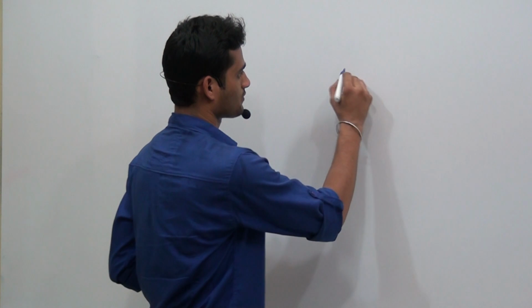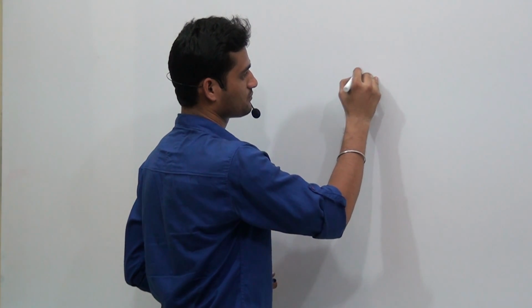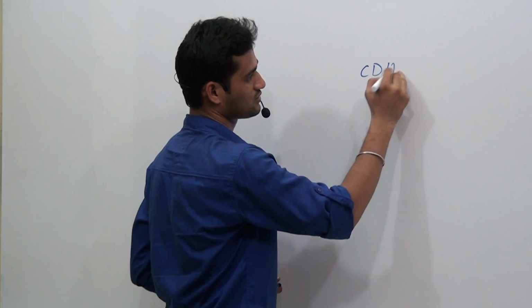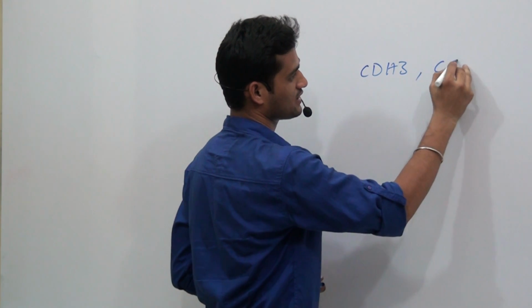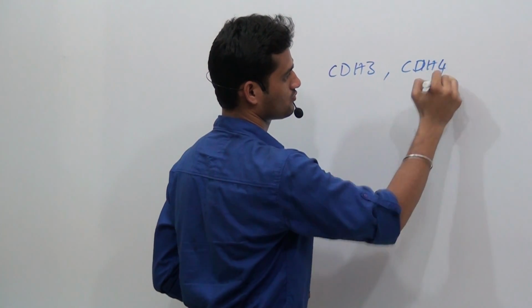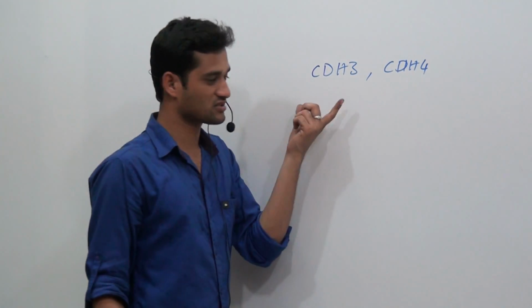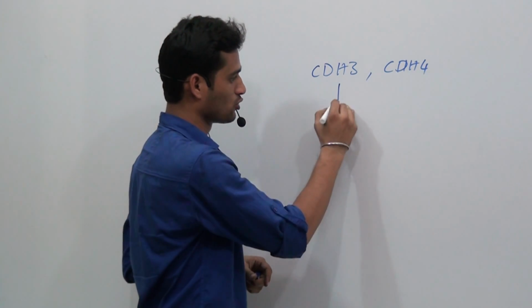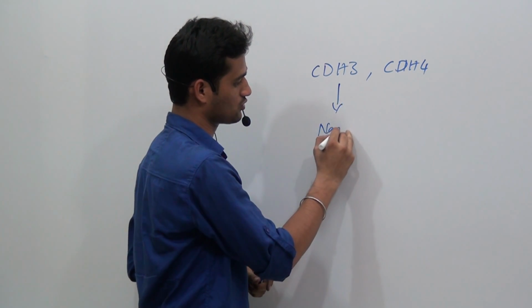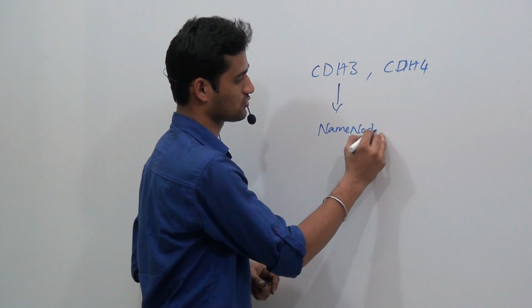What is the difference between CDH3 and CDH4? Generally in CDH3 you have only one name node. This is a very important question.